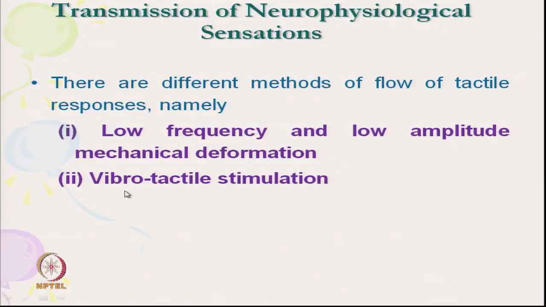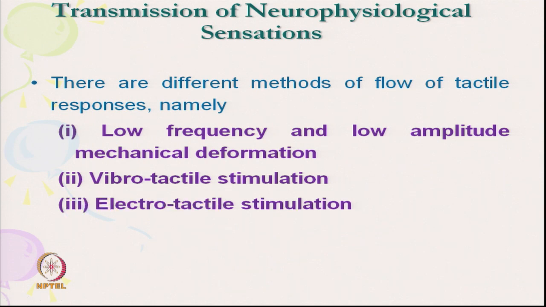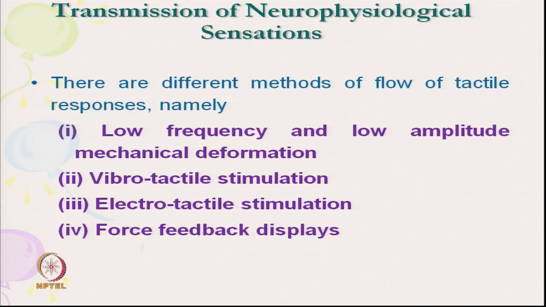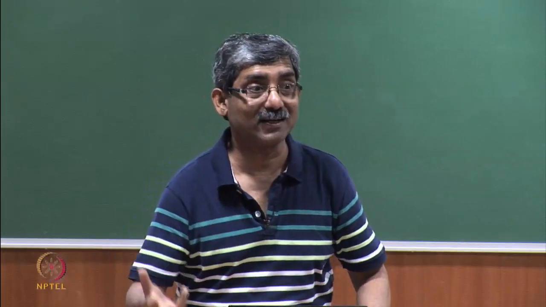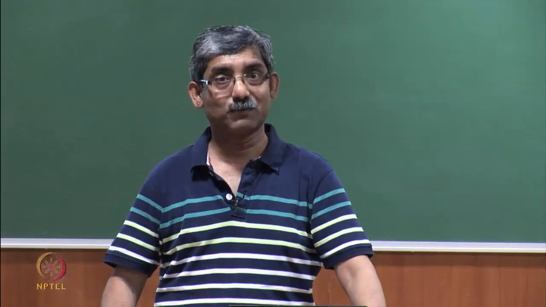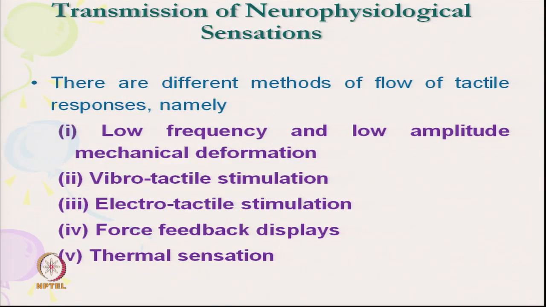Then vibrotactile stimulation, through the vibration it gets stimulated. Electrotactile stimulation, through electric current it gets stimulated. Force feedback display, like it is some kinesthetic, like if it is moving, that type of display is there. Thermal sensation, with the heat it is flowing, so that type of sensation it gets.